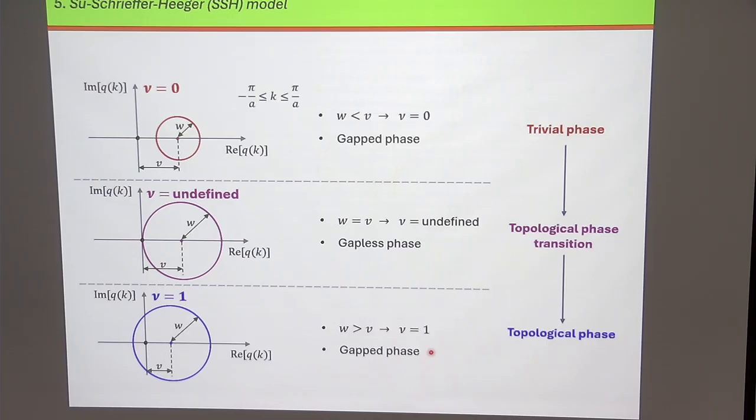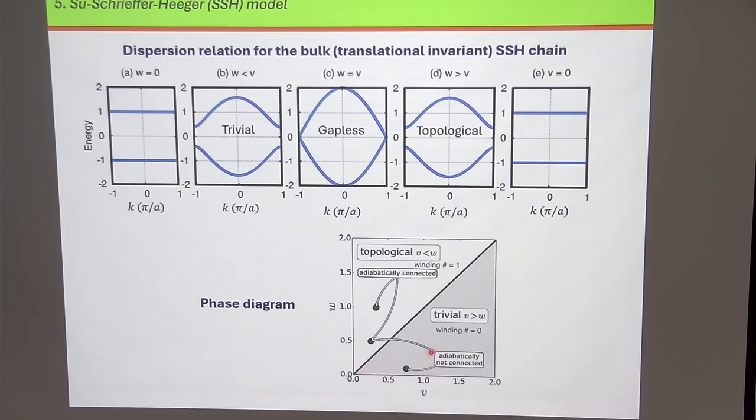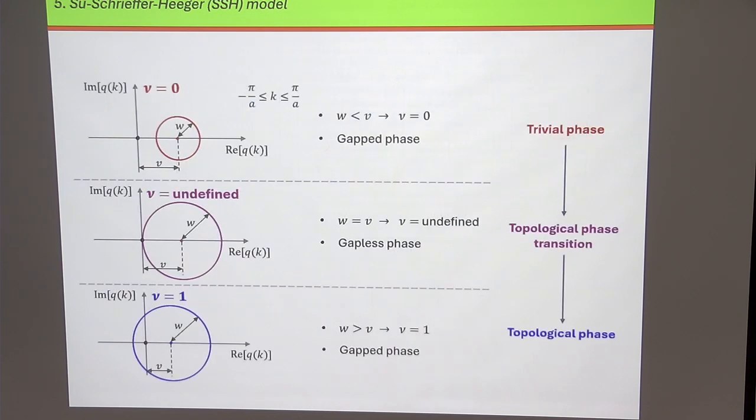So how does it look if you look at the spectrum of this translationally invariant chain? Here is the spectrum. This is the energy as a function of K, and nu equals 0. Essentially, the circle is very small here, like a point, nu equals 0.